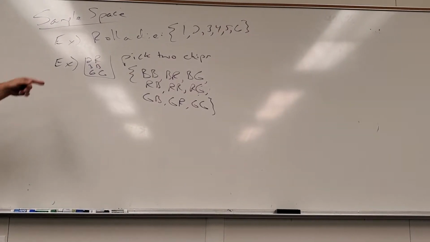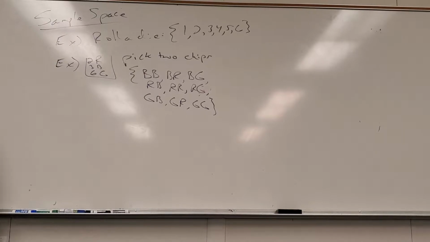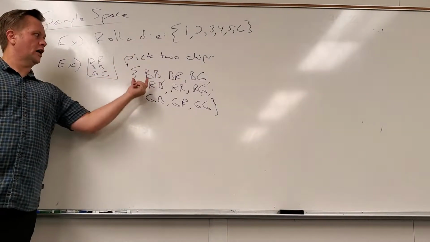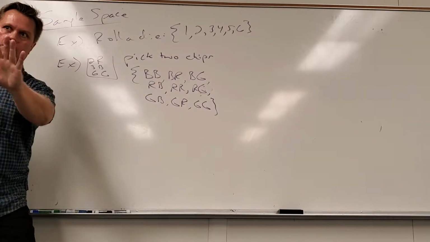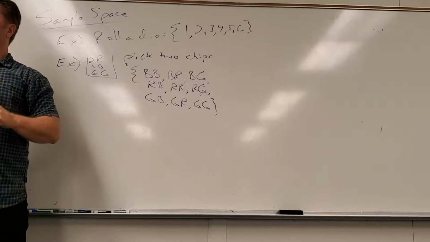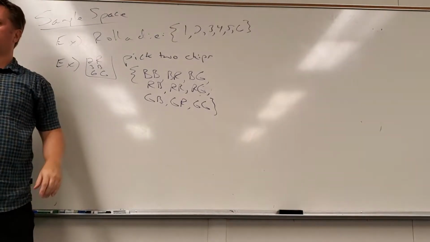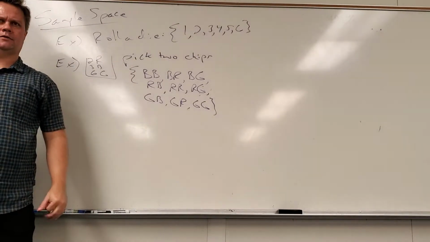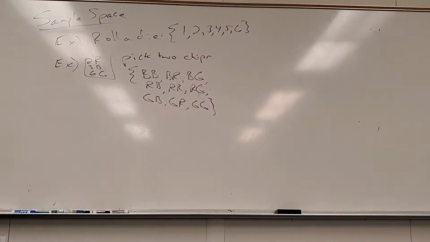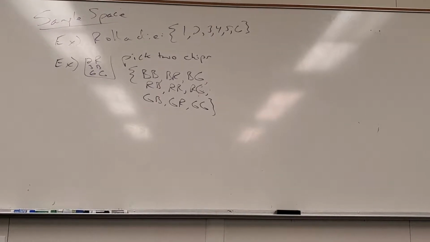Why isn't the set there not just B, R, G? Because I'm picking 2 chips. So each element has to have 2 pieces to it. So it's sort of like this number 36. Because you're only going to pick 1 book in number 36, the homework. The thing is, you've got 8 fiction books and 4 non-fiction books.